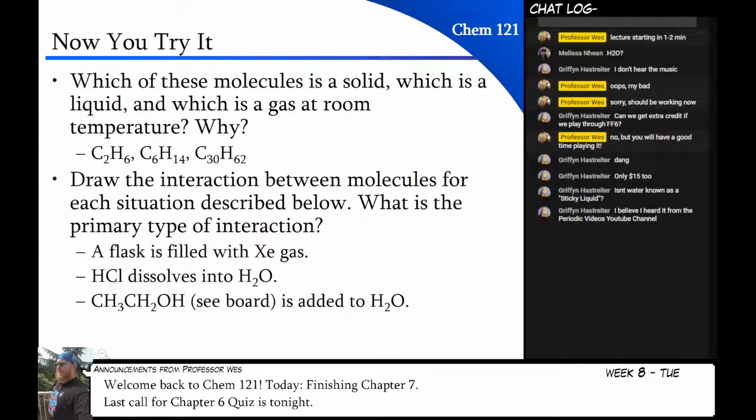All right. We are out of time. But what I want you to do is look at these two problems tonight as you are reviewing the material. On the screen there, I have a solid, a liquid, and a gas for each of these hydrocarbons. And you should be able to tell me which one is the solid, which one's the liquid, and which one's the gas at room temp.